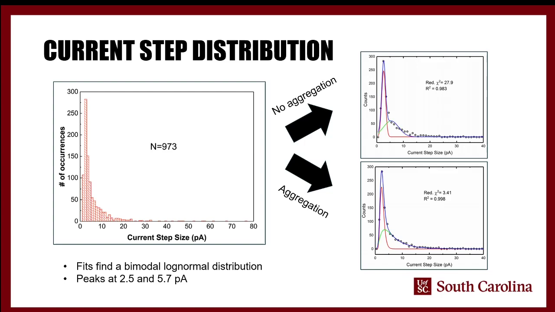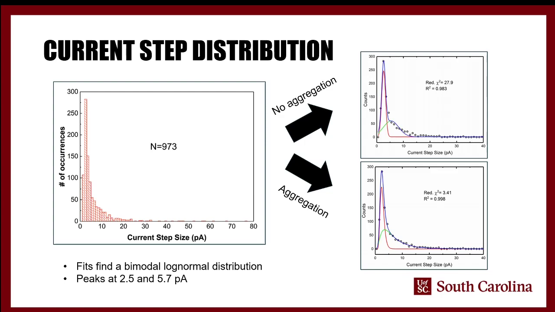I wanted to ensure that my signal to noise was at least 2, and so any current steps below 1 picoamp were disregarded because I couldn't guarantee that the signal to noise was strong enough. But obviously at 973 different events, that was more than enough to start doing some analysis of what actually happens.